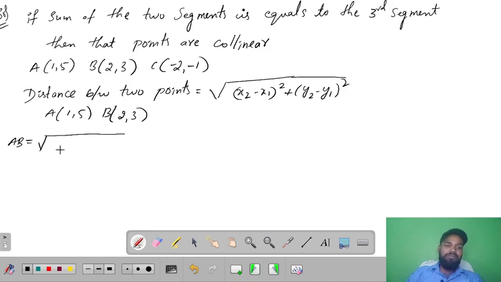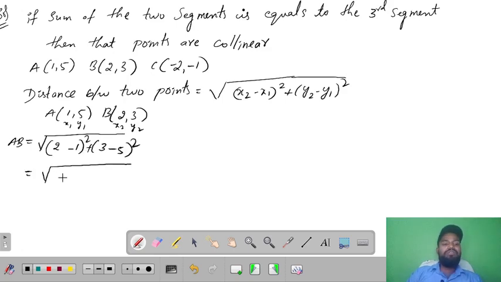AB equals, this is considered as x1 y1 x2 y2. So what is the x2 value here? 2. x2 minus x1, that is 1 and whole square plus y2 minus y1. y2 what? 3 minus y1 what? 5 whole square. So just simplify them. 2 minus 1 is 1 whole square. 3 minus 5, that is nothing but minus 2 whole square.